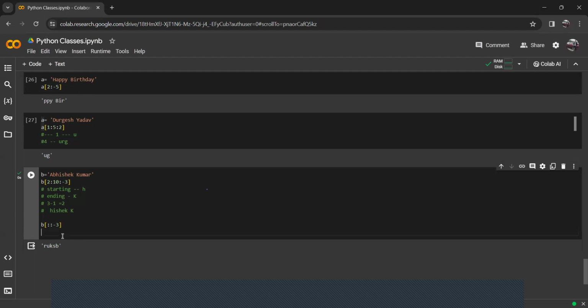Take the last thing, just take it like this.